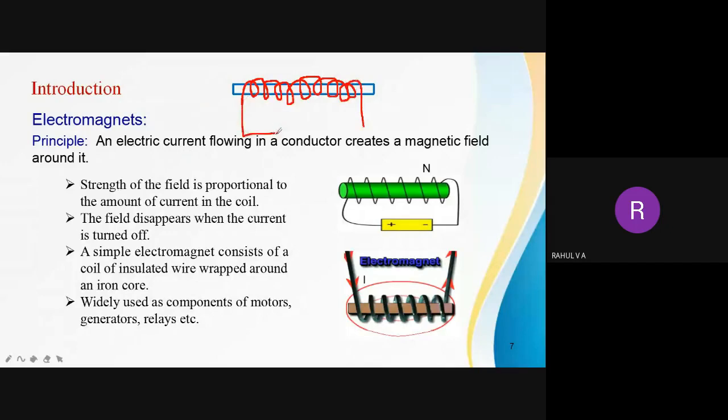In order to make current flow, we have to connect it to a supply. As we said earlier, when a conductor is laid down like this and current flows through it, there will be a magnetic field around that conductor. If I do winding like this using the same conductor, the magnetic field will keep adding onto each value, and it will become a very large magnet.